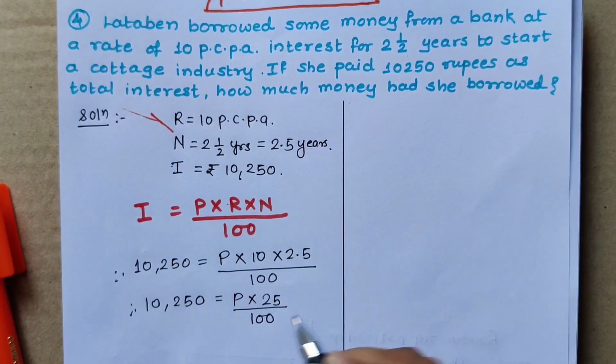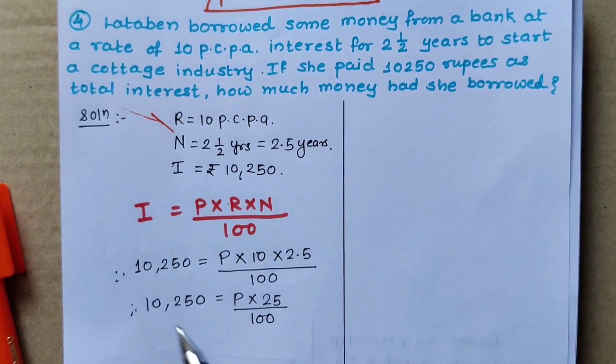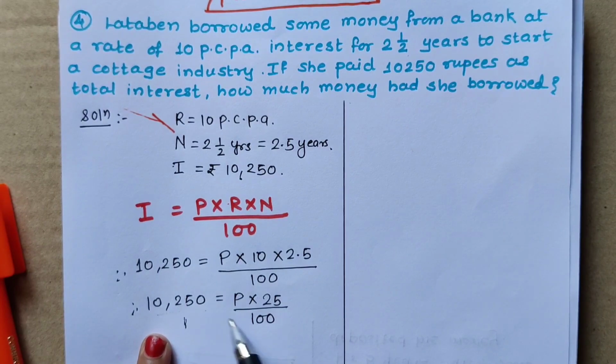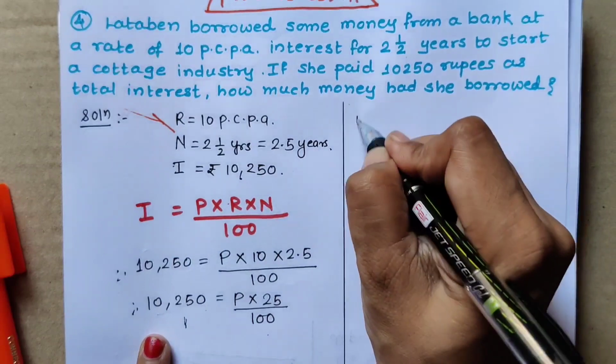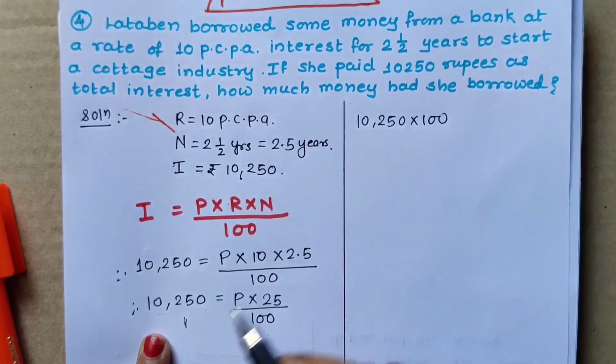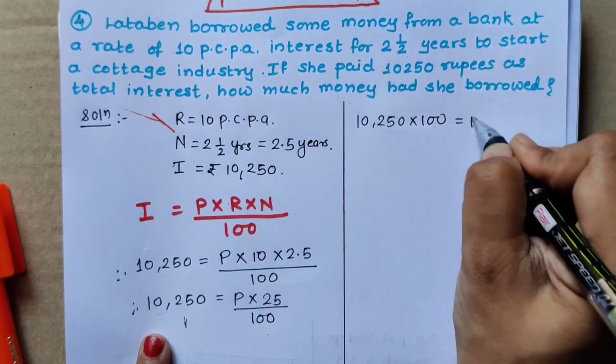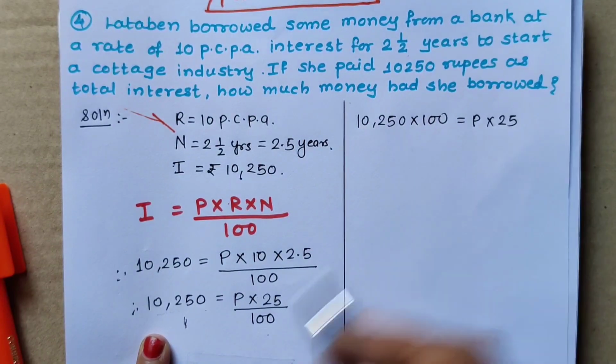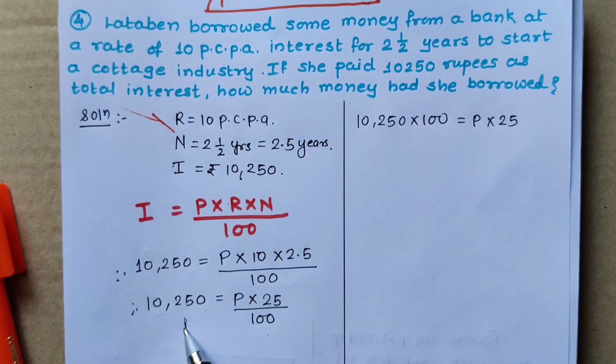upon 100. So we do the cross multiplication now. Here nothing is there means upon 1 is there. We all know that upon 1 is there. So 10,250 multiplied by 100 is equal to P multiplied by 25. P multiplied by 25 multiplied by 1 is there. So 1 we don't write.